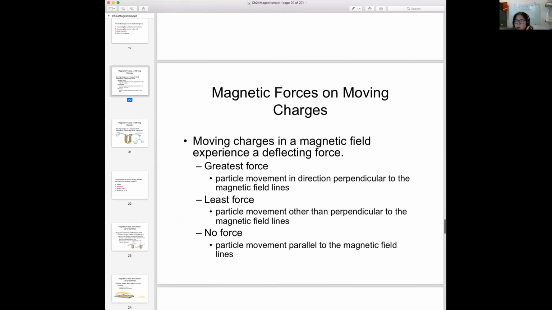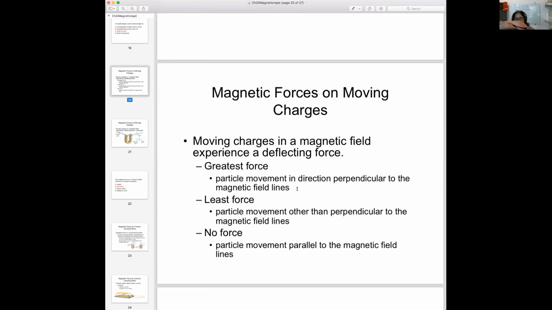Magnetic force on moving electric charges: the greatest force is applied when the moving charge is perpendicular to the magnetic field. As you move more and more toward parallel, you have less and less force applied, and the force on the particle will be zero when they're completely parallel. It could be parallel or anti-parallel, then you lose the force.